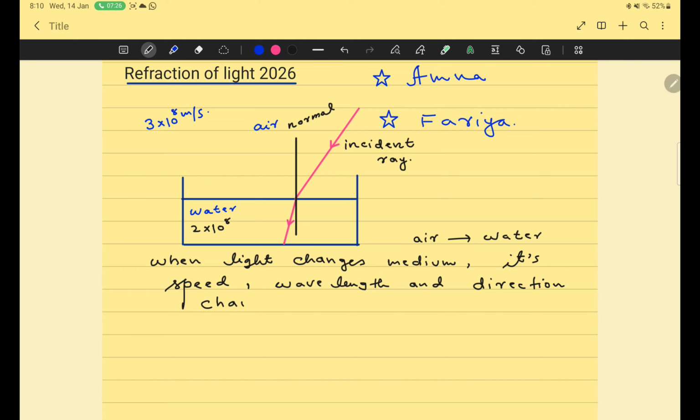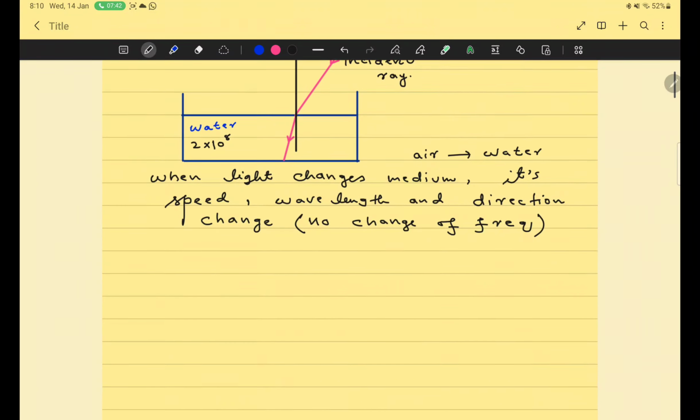Speed changes, wavelength changes, and direction changes. No change in frequency. In refraction of light, there is no change of frequency. So the direction changing, wavelength changing, speed changing.